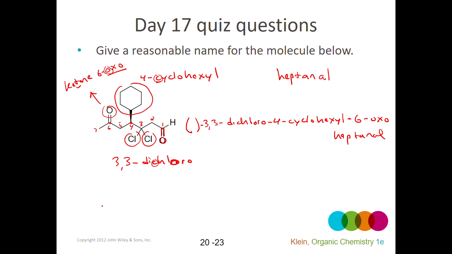On carbon 4, there's carbon 3, there's carbon 5, there's a hydrogen, and there's the cyclohexyl group, which is also a carbon. So the very first layer out, the best I can do is to prioritize the hydrogen as priority 4, which is always going to be priority 4.